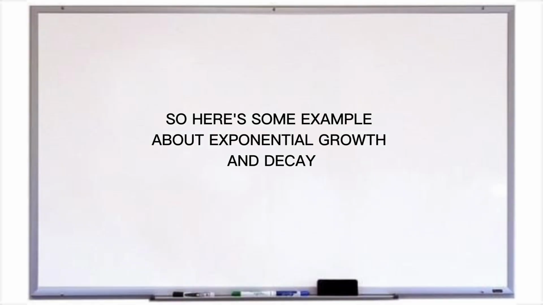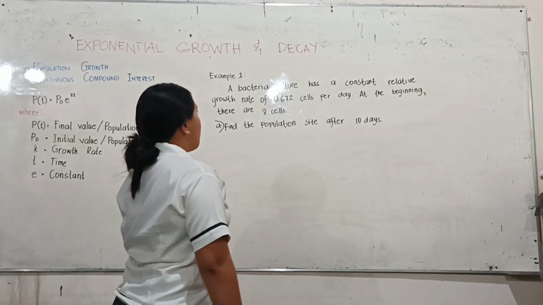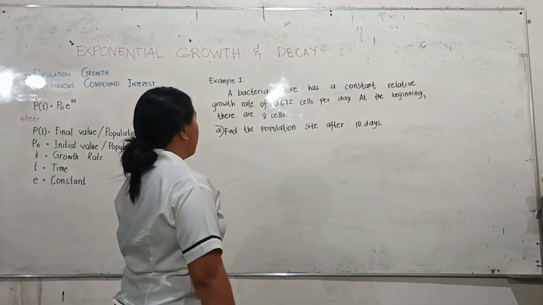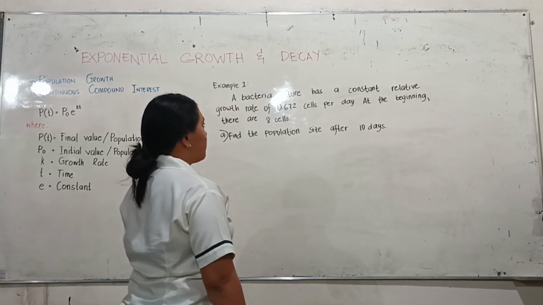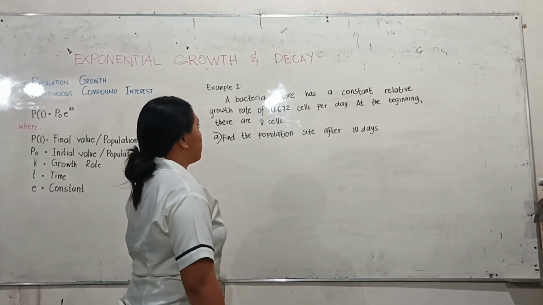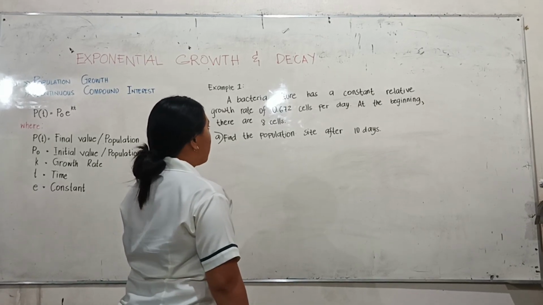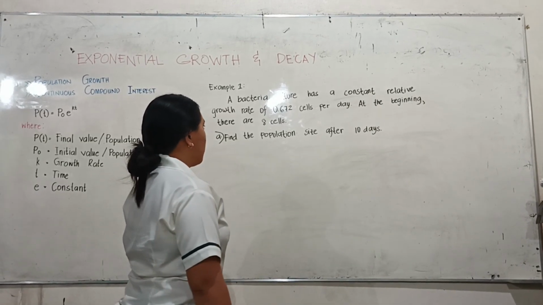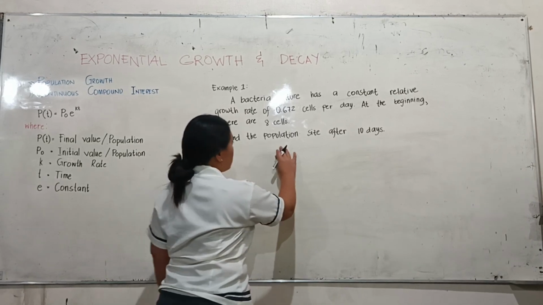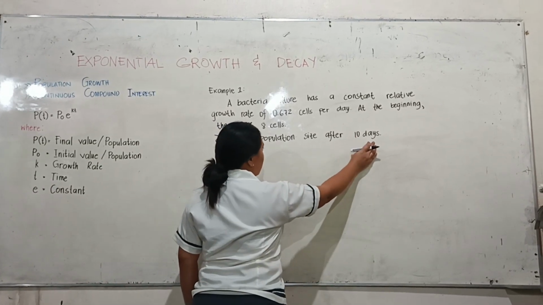So here's an example about exponential growth and decay. A bacteria culture has a constant relative growth rate of 0.672 per day. At the beginning, there are 8 cells. We need to find the population size after 10 days.